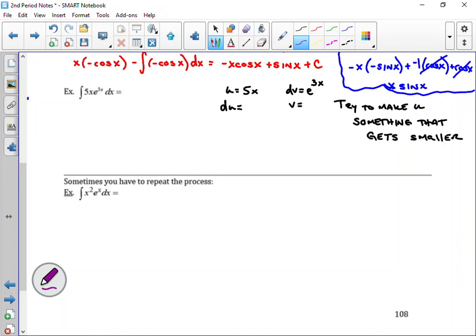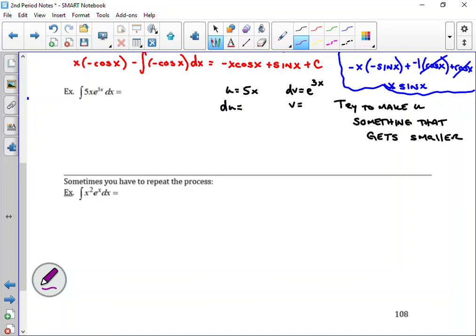No, because it could be in the other order. You have to choose the thing that reduces when you derive it. You want it to reduce when you derive it. What if both reduce? If both reduce, then you wouldn't do integration by parts.